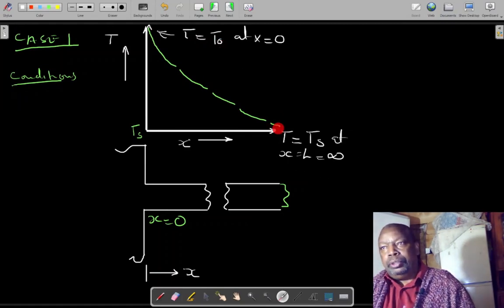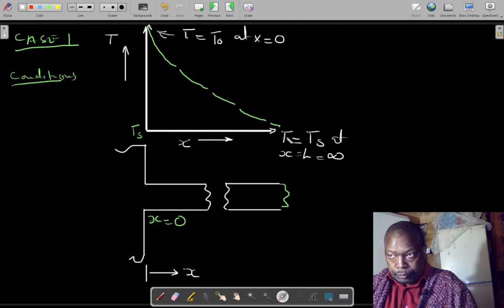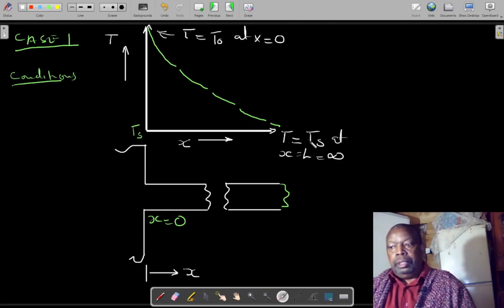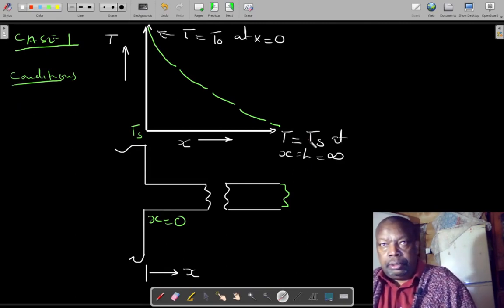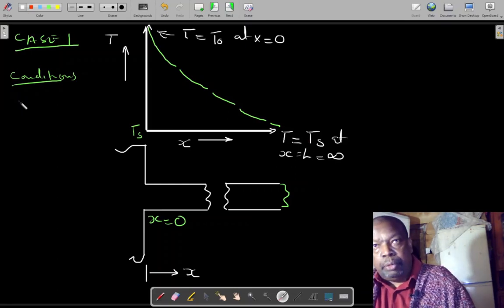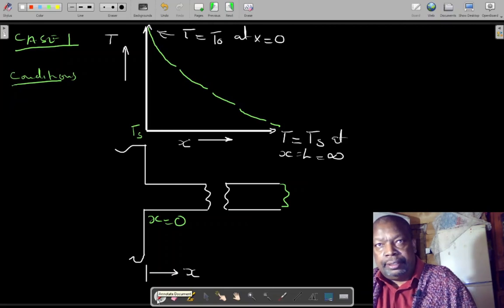And when x is equal to L, which is infinity, T is equal to Ts. Now, we have come up with our set of boundary conditions.